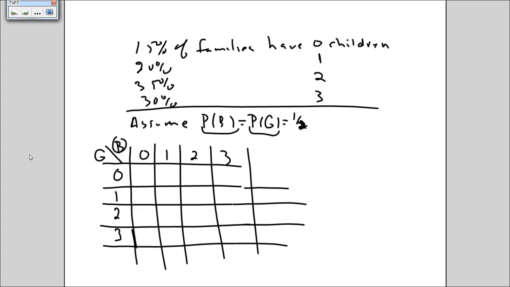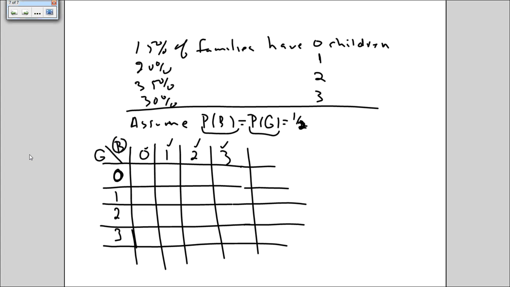What I'll do here is, for right now, I'll find the ones whose probabilities are 0. If you have 0 girls, you could have 0 boys, which means no children, or you can have 1 boy, which means 1 child. And 0 girls and 2 boys is 2, which is okay.